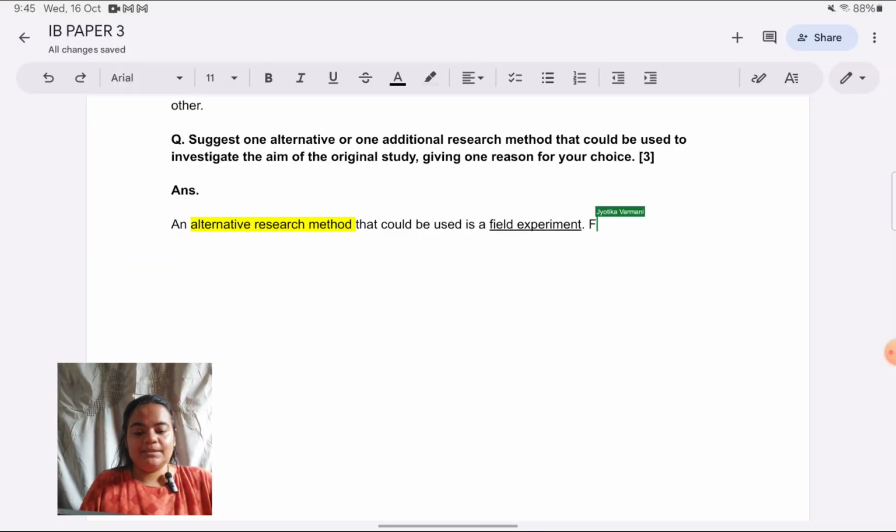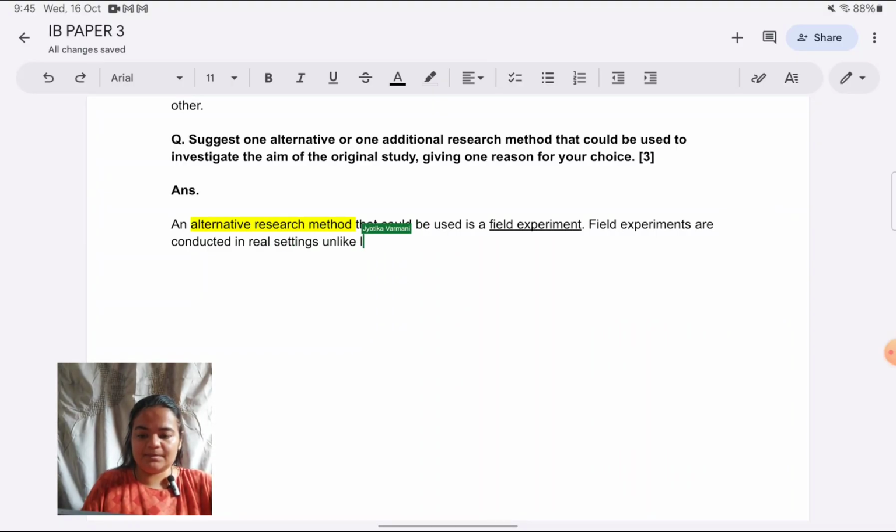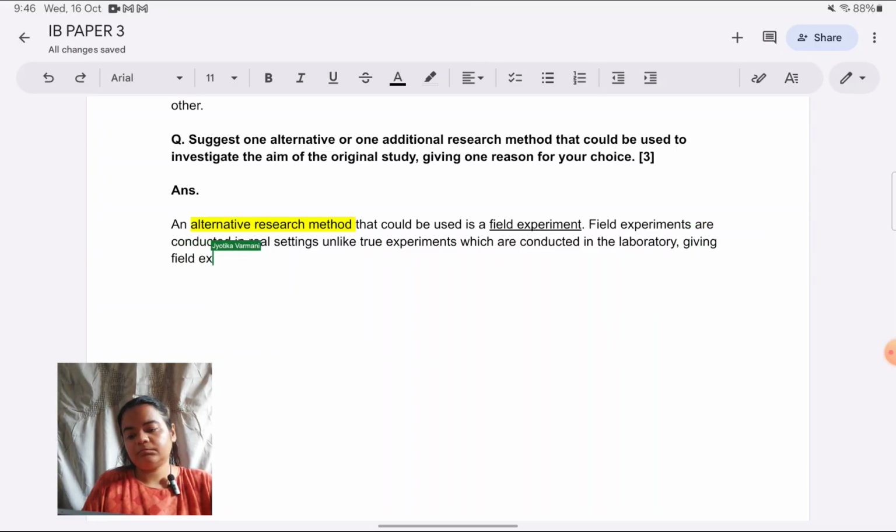Field experiments are conducted in real settings, unlike laboratory or true experiments, which are conducted in the laboratory, giving field experiments higher ecological validity.